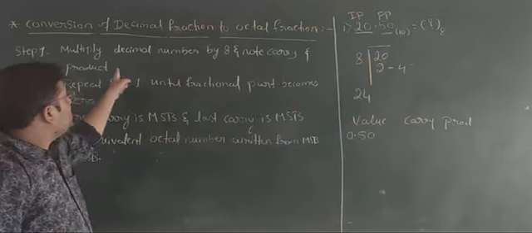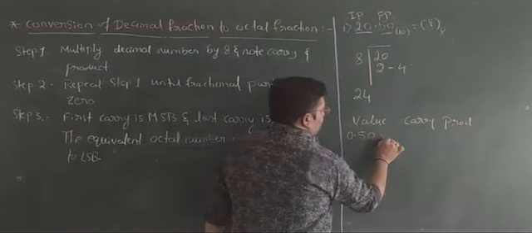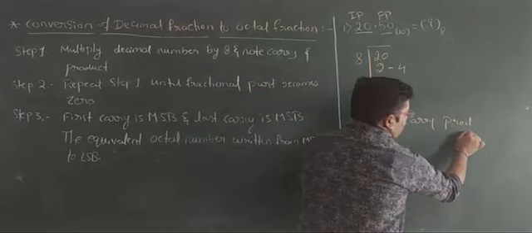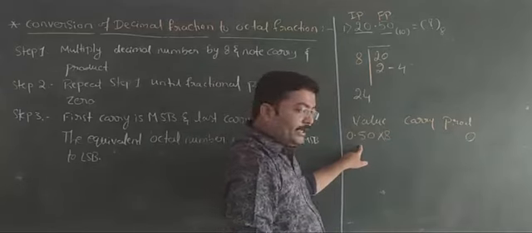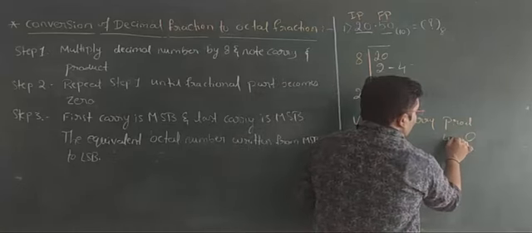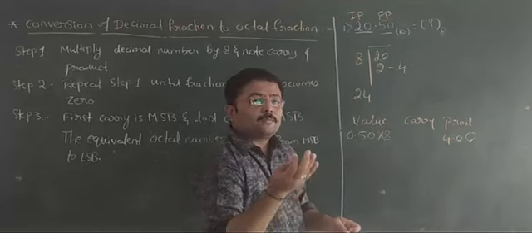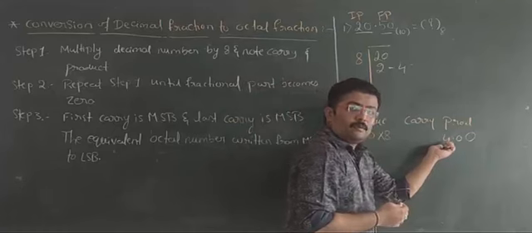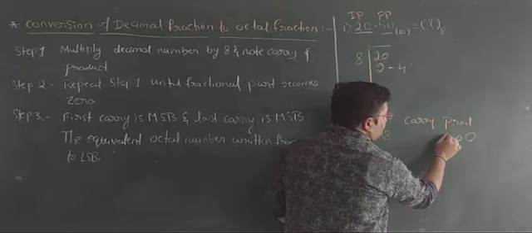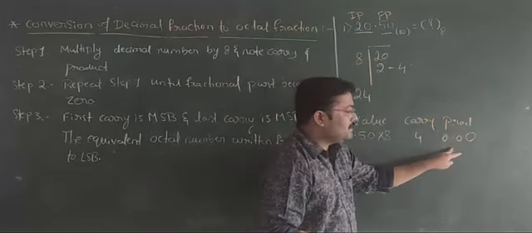Step 1 is to multiply the given decimal number by 8. 8 zeros are 0, 8 fives are 40, so that becomes 4.00. The 4 is before the decimal point, so I will write it as the carry.